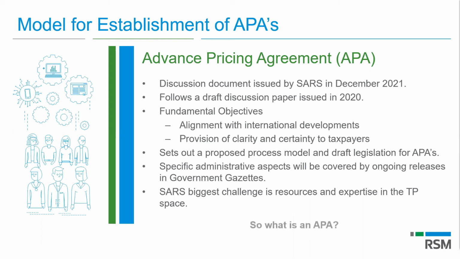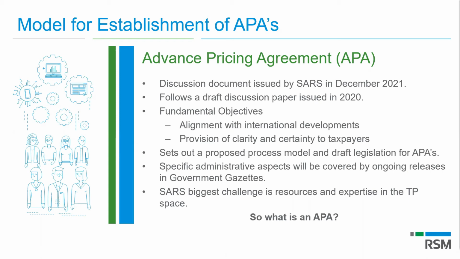So what is an APA? Just for those of you who are not too sure what I'm speaking about, in simple terms, what an APA allows a taxpayer to do is, by following a set and defined process, make application to the South African Revenue Service, setting out the nature of its cross-border transactions, setting out how the pricing and or terms and conditions have been determined, and requesting that SARS make an assessment of those transactions and pricing and terms and conditions.